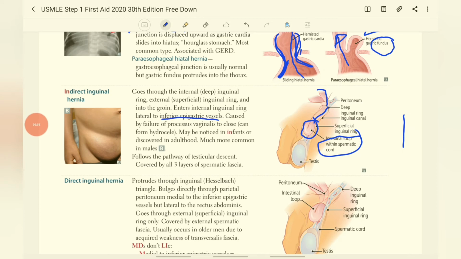It is mostly caused by the failure of the processus vaginalis to close. Here is the processus vaginalis. If it is not closed, the hernia comes outside into the scrotum. So this is most commonly seen in males.